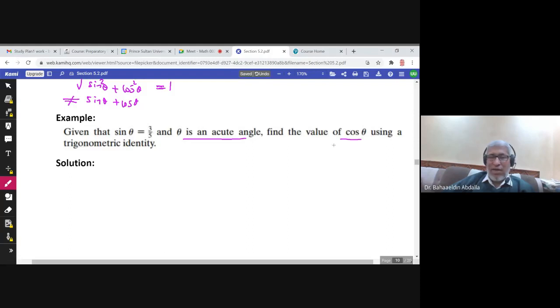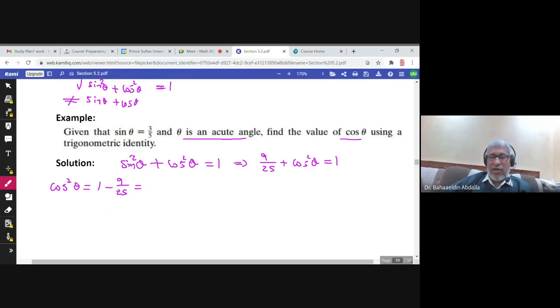It is sine square theta plus cosine square theta equals 1. What is sine square? 9 over 25 plus cosine square theta is 1. If you take 9 over 25 to the other side, we will have 1 minus 9 over 25.